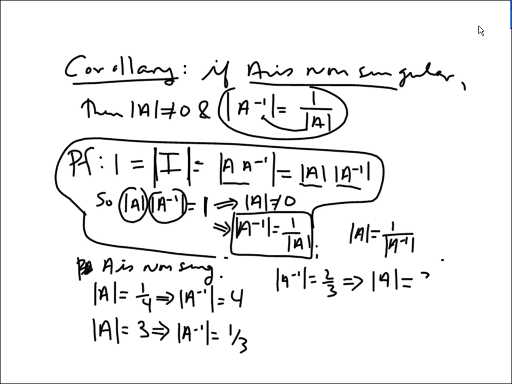That implies the determinant of A is 3/2. They're reciprocals. If the determinant of A is 9, that implies the determinant of A inverse is 1/9.